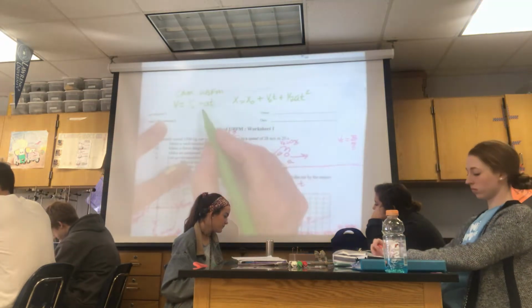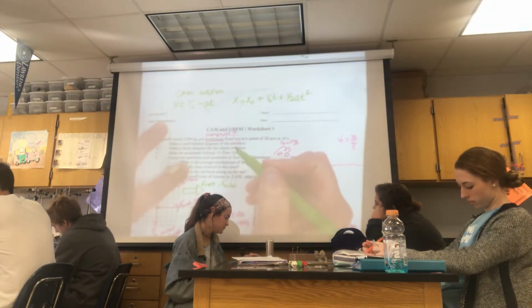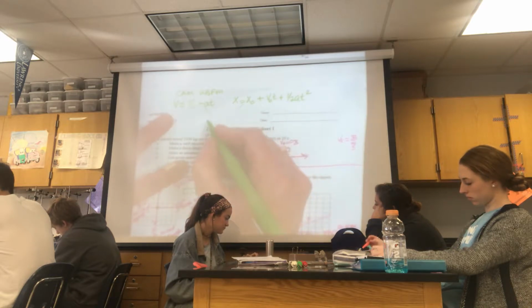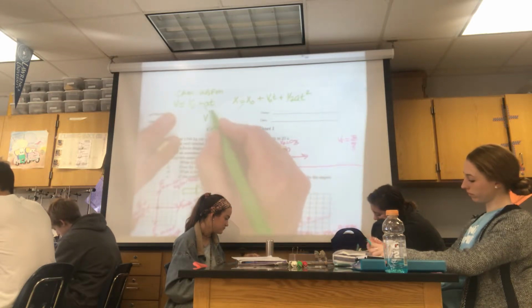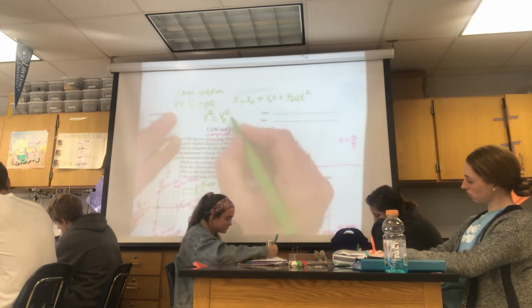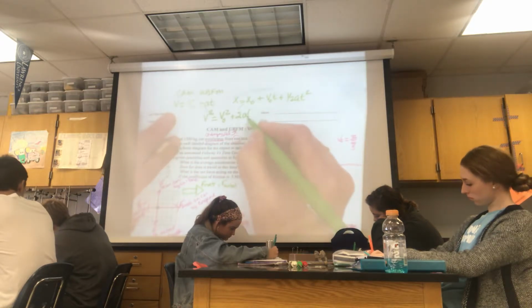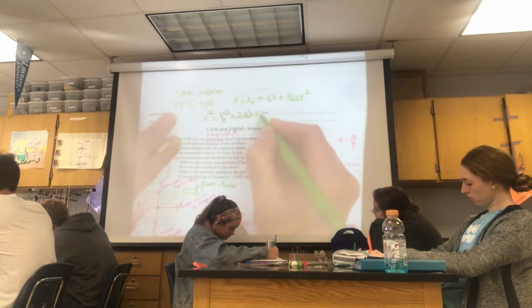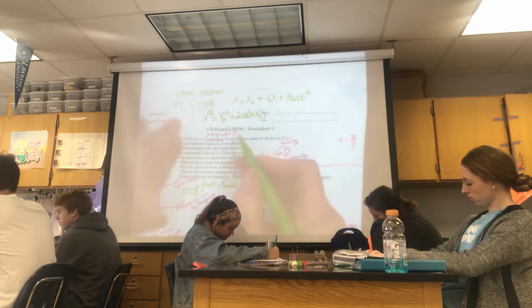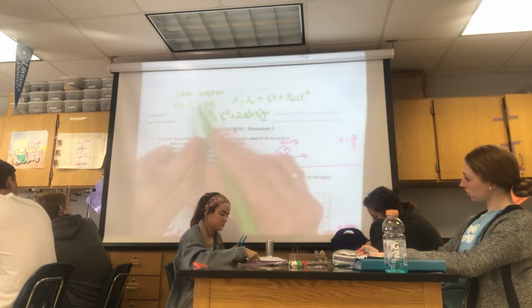So there's one equation that comes from these two, and I'm not going to derive it for you, but I'm going to give it to you and you can use it, and it is V squared equals V naught squared plus 2A times X minus X naught.